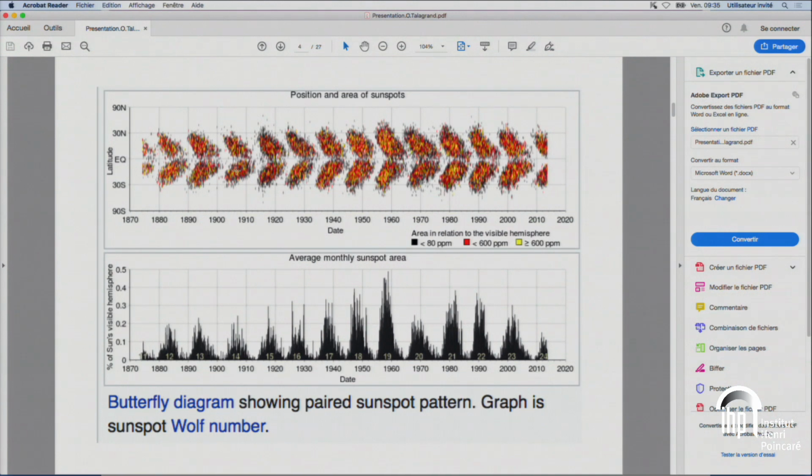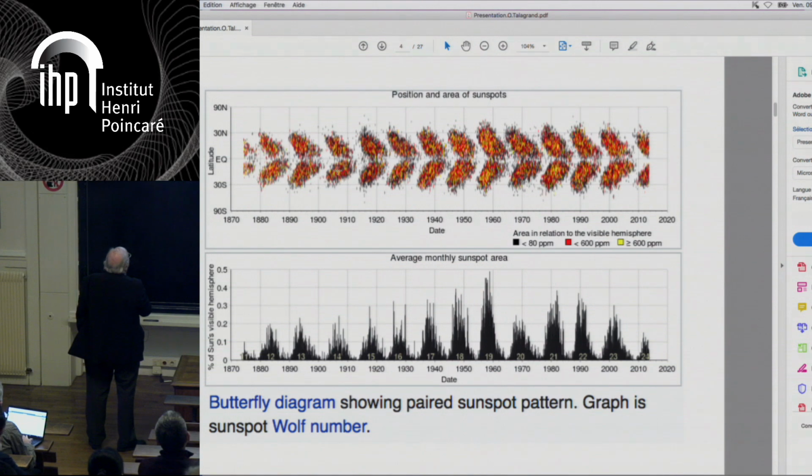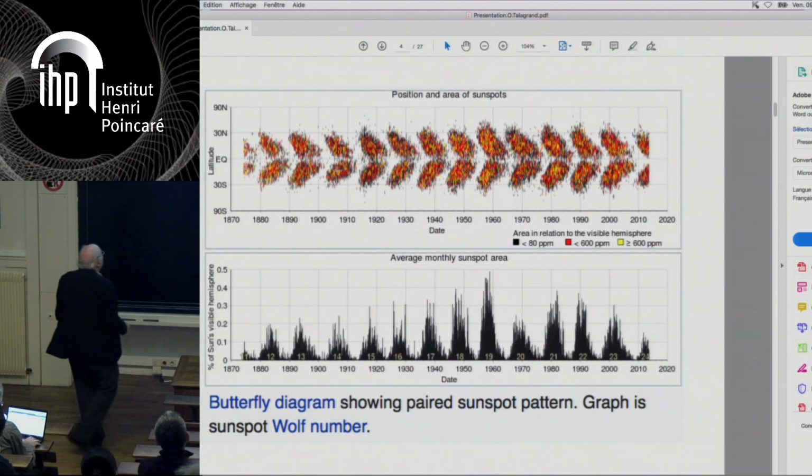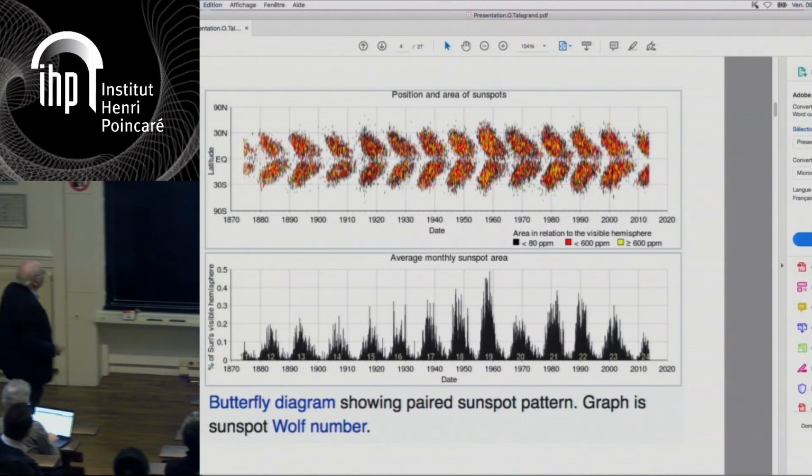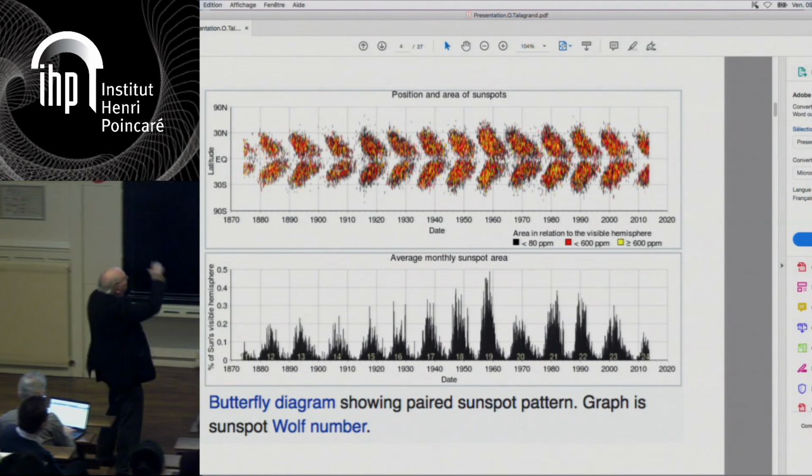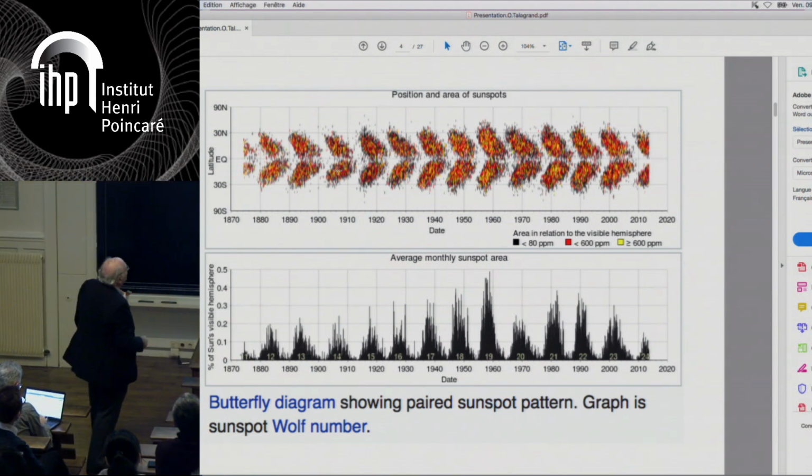And then they move, not the individual spots, but the position of the spots moves toward the equator, and at the end of the cycle, they are very close to the equator. And then a new cycle starts with spots at latitude 30. So the whole thing is modulated in time.